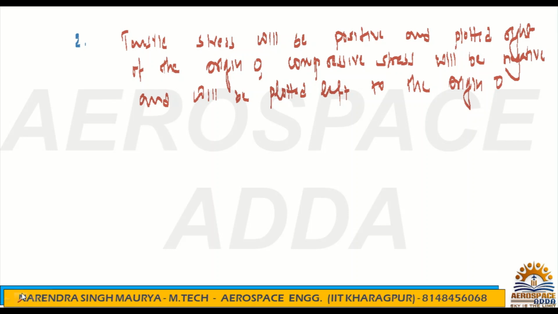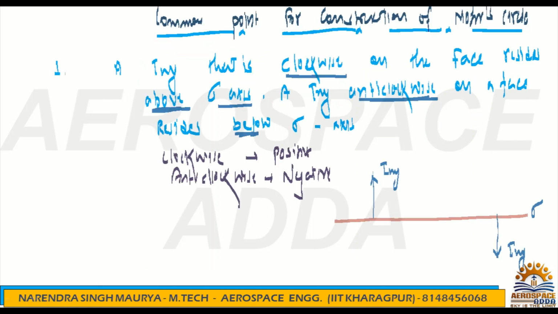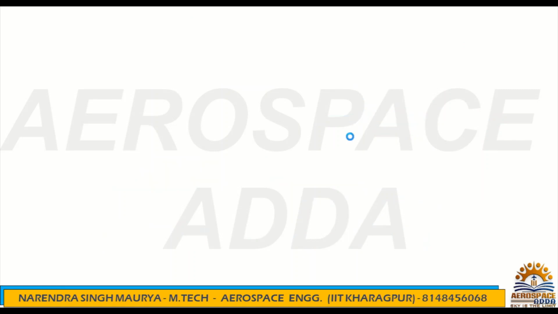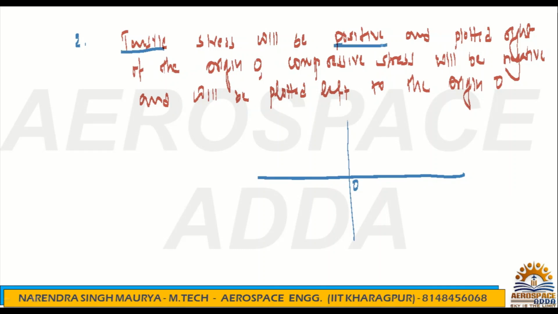What is the meaning of it? Suppose just now here I have drawn, this is the origin. If it is tensile stress, tensile means positive, so we have to plot right to the origin, meaning all the positive stress will be this side.